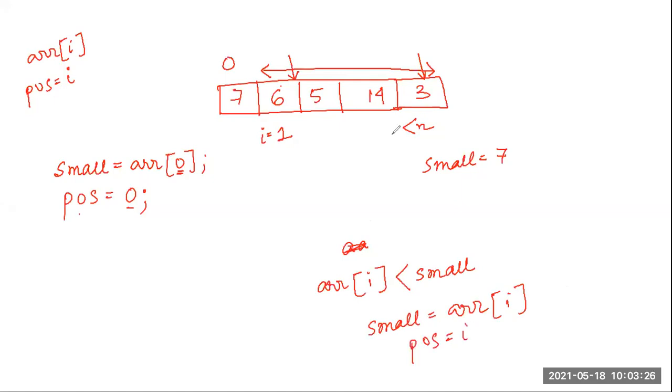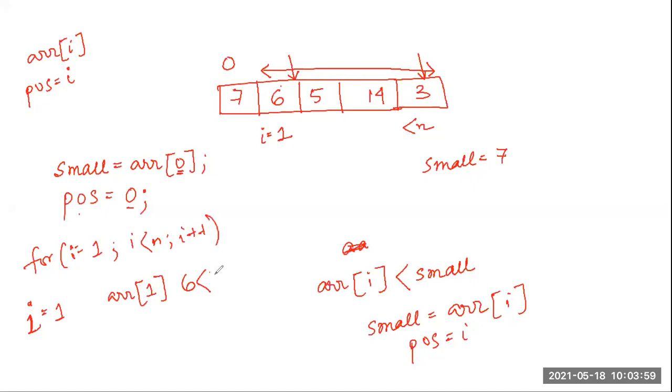What does that mean? My for loop is starting from I equal to 1. It will go on till I less than n, with I plus plus. So when the I value is equal to 1, what is the value of ARR 1? Here I is 1. So ARR 1 has the value 6. So it will compare. 6 is less than 7.